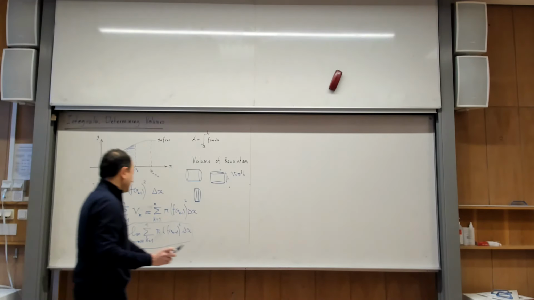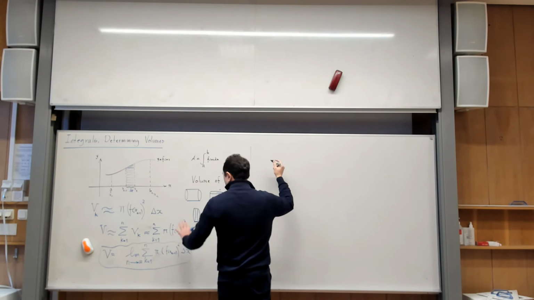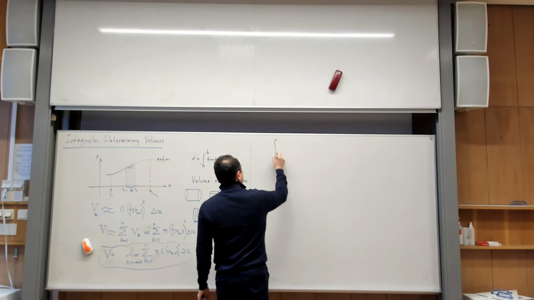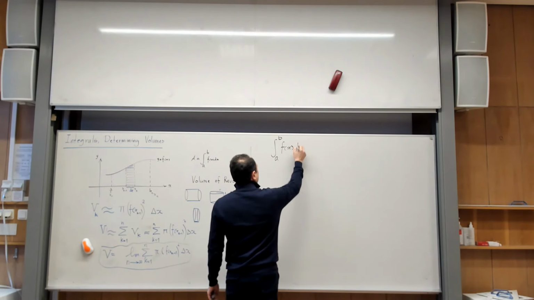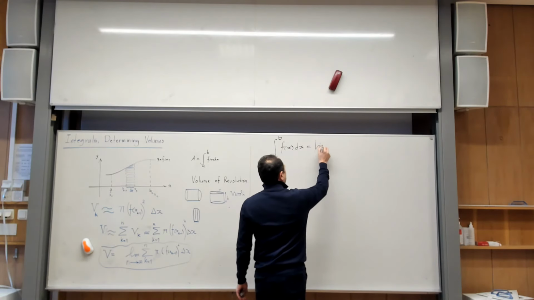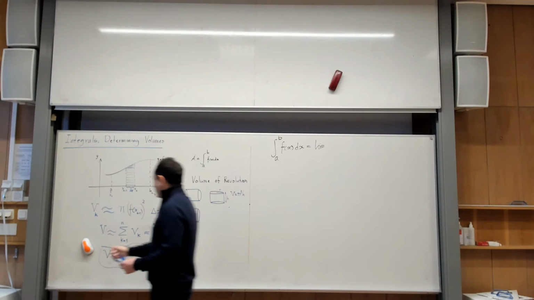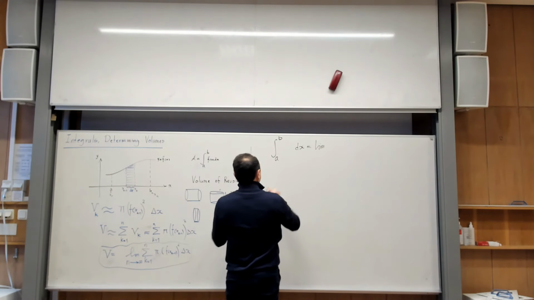Okay, but do you remember the definition of an integral? Let me write it here. We already talked about it, so forget about this for the time being and let us review the definition of the integral. An integral is defined to be a limit. Let me change the name of the function to g of x, so you don't get confused.